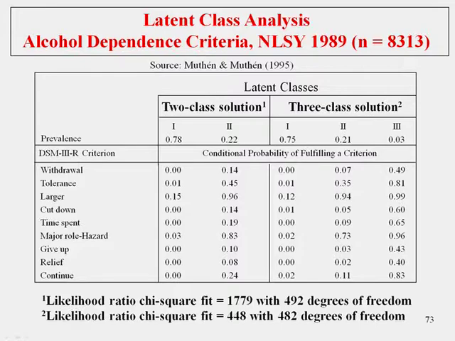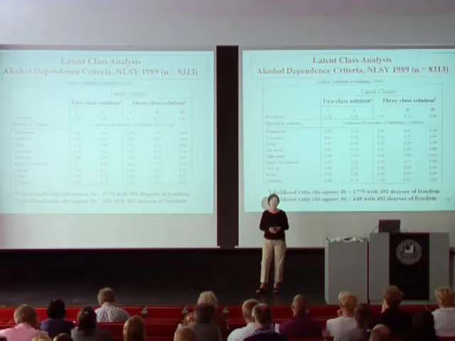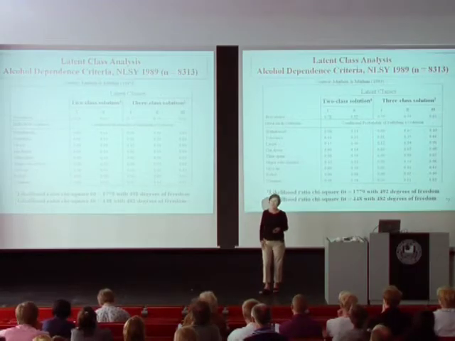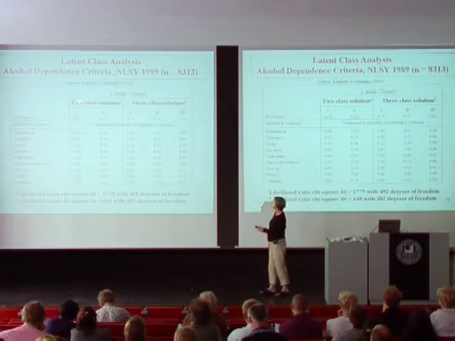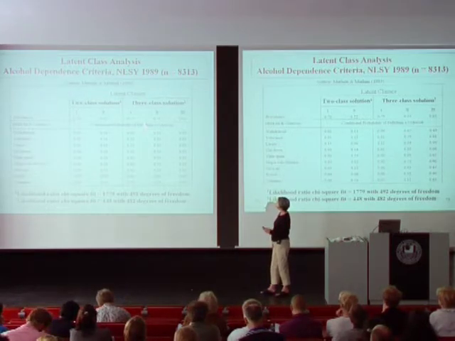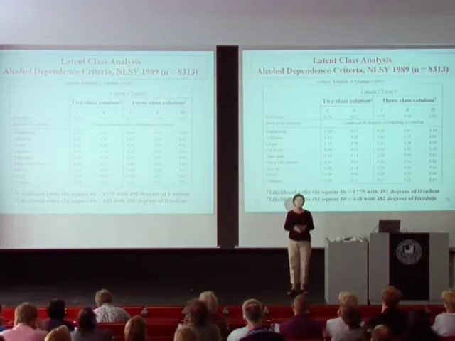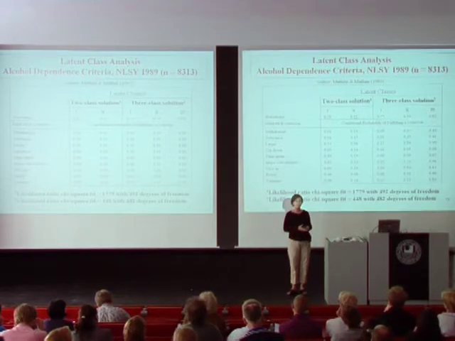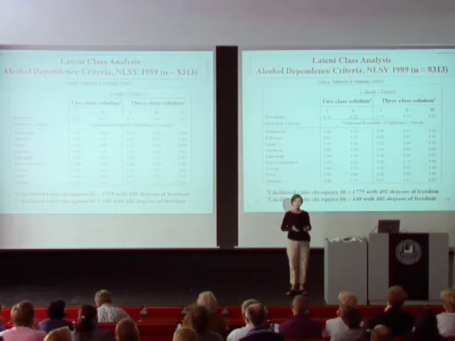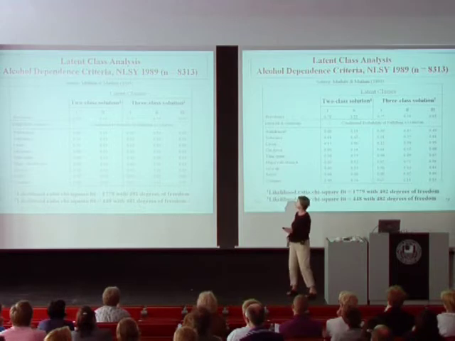So you might want to think about that class as being the normative class as far as alcohol behavior goes. And that makes sense because 75% of the people are in that class, and we know that we don't have 75% of the people in the population with severe alcohol problems, or we hope we don't.